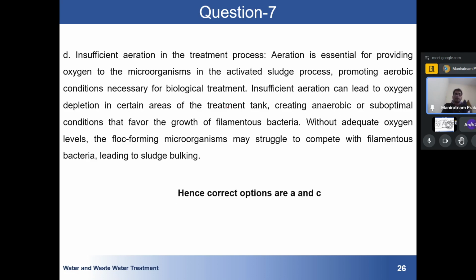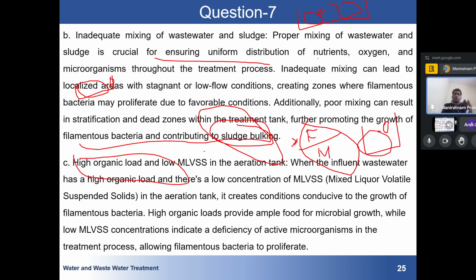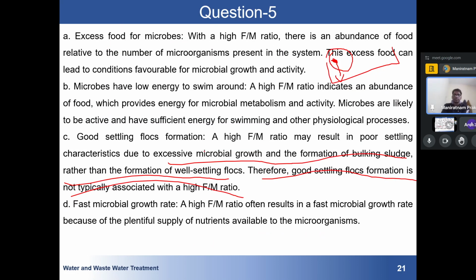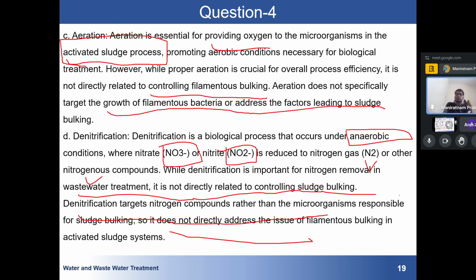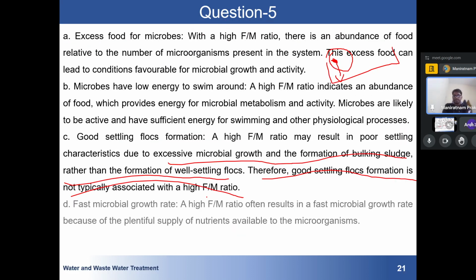So obviously this will also result in sludge bulking, but I have already explained in the previous slide how aeration is not directly linked to sludge bulking. So you should not confuse yourself, and you should focus on what kind of question is being asked.